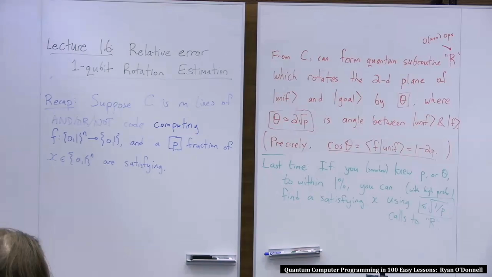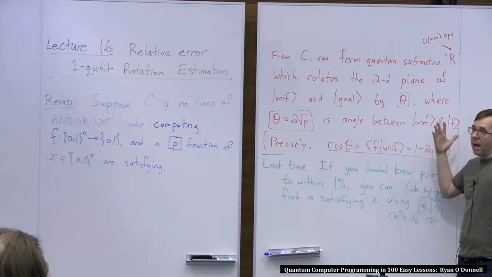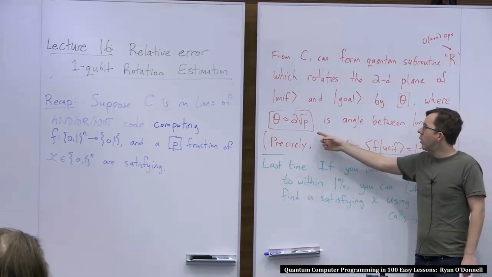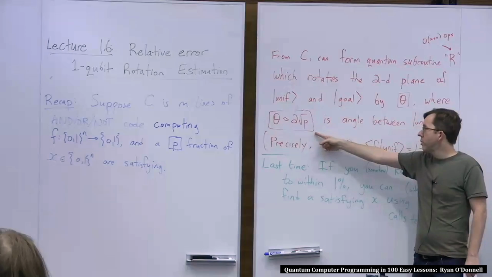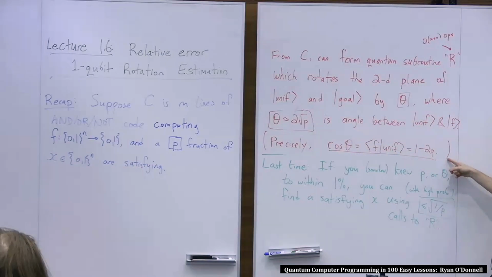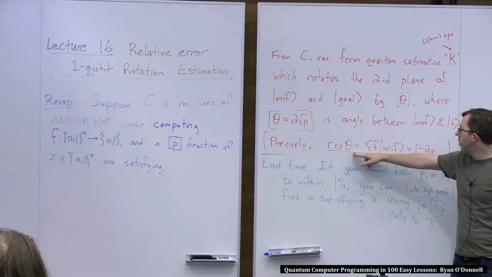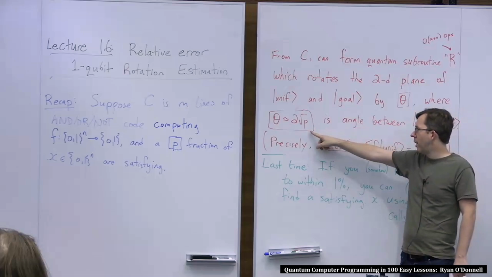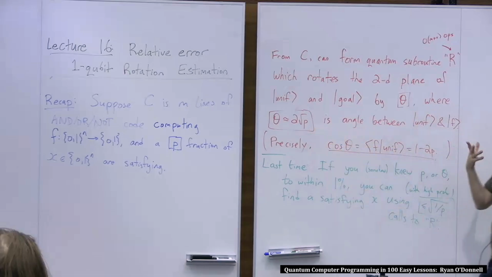The first thing we saw was that if you somehow magically knew p exactly, then you would exactly know theta. You can check this is precisely the relationship between theta and p, and this approximation is extremely accurate if p is small, which we usually think of it as.